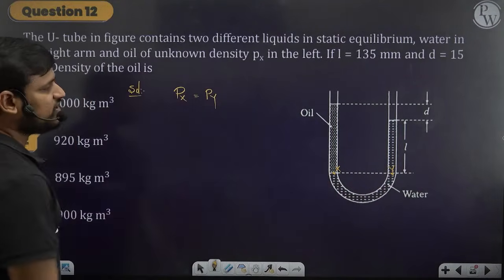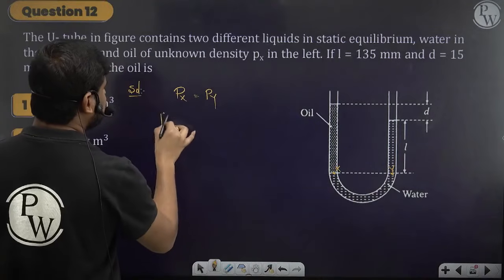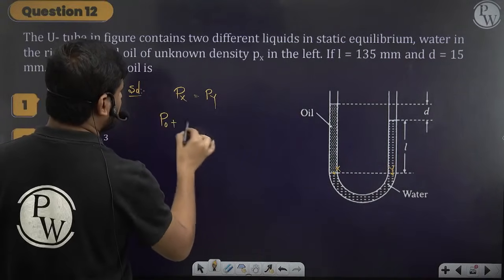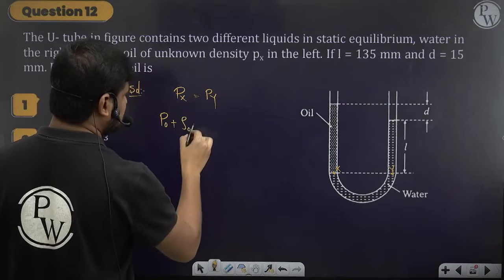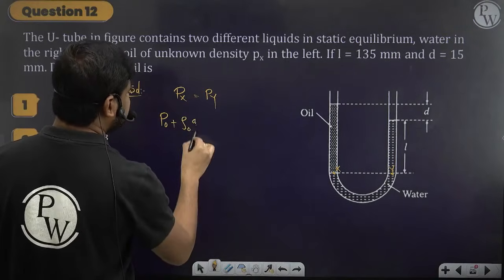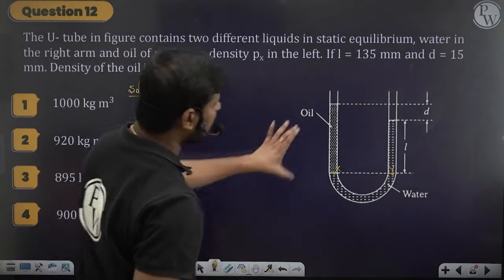Yes, so for X, I am writing the pressure: P naught plus rho of oil into g into, what is this total height, tell me here.